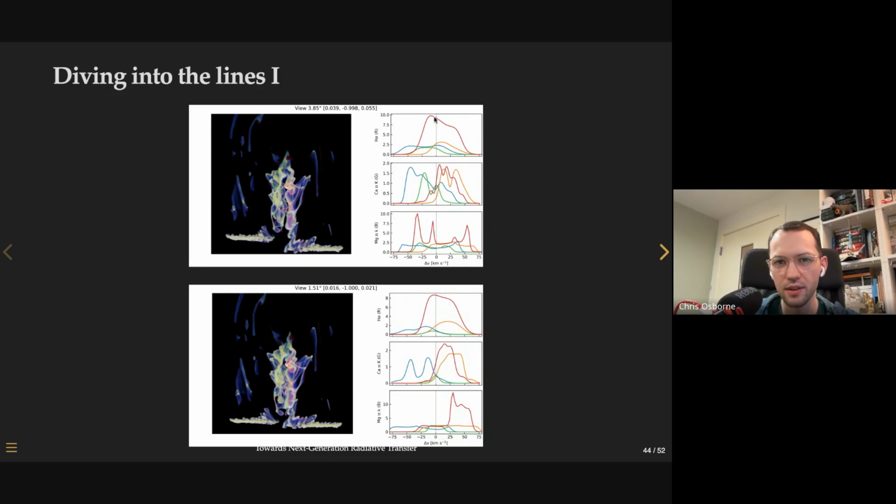For H alpha in particular, those lines look quite similar. But the number of peaks in calcium II K has changed, particularly this red one, and this blue one here has gone from this 3-hump one to this 2-hump one here. And then magnesium has gone completely different.